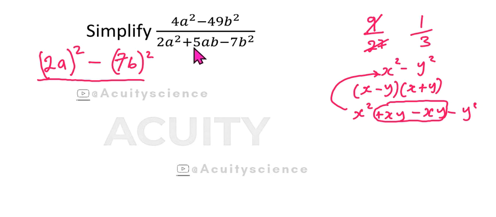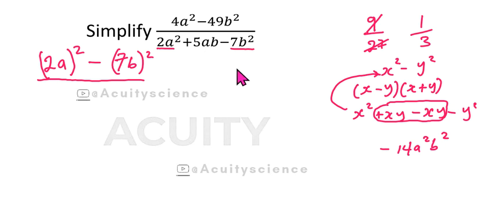Now, let's look at this. This is not like this, but this is like a normal quadratic equation. The normal way we do it, we look for two numbers. If you multiply them, you get a product equal to the product of these. So 2a squared times minus 7b squared is minus 14a squared b squared.